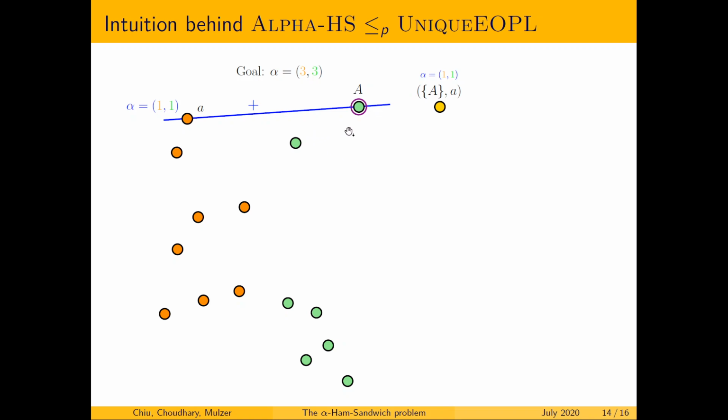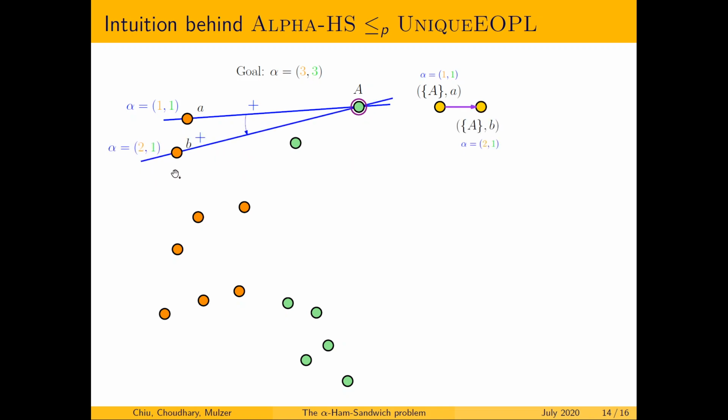and now what we want to do is increase alpha for the orange points first until we reach 3, and then we will increase alpha for the green points. To do that, we fix this vertex as an anchor and we rotate the line anchored at this vertex.